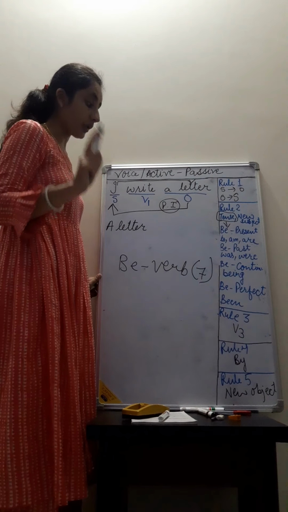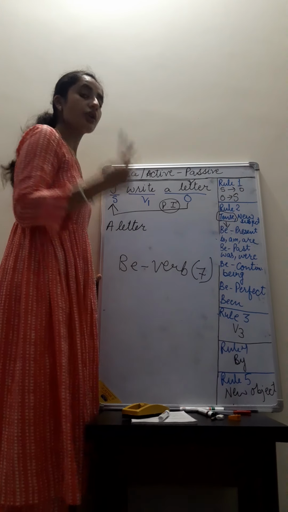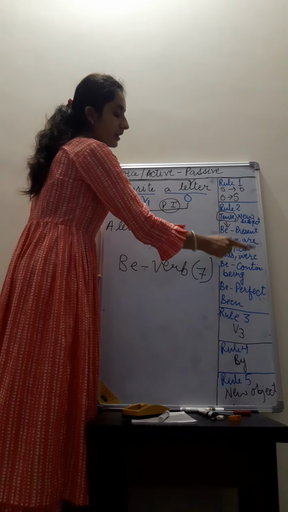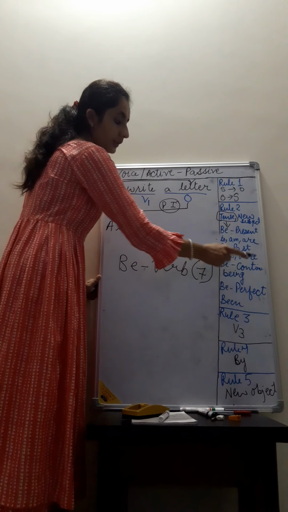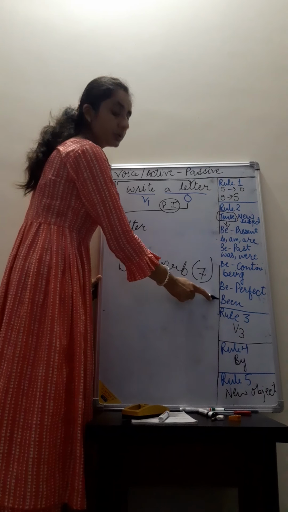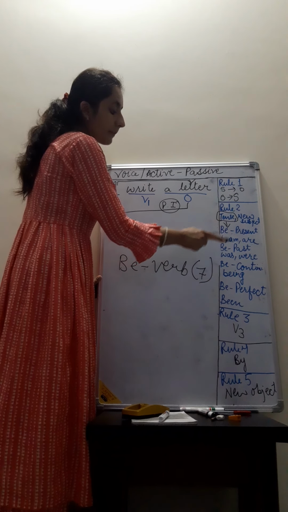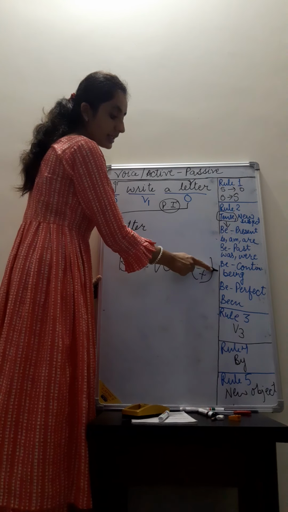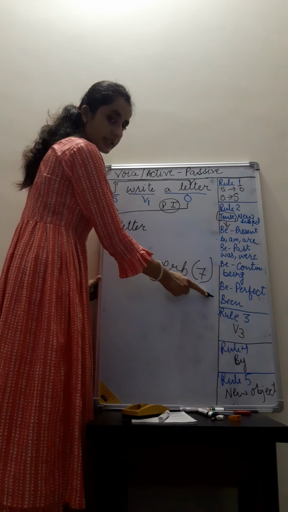In past, be has 2 forms, was, were. In continuous, we use being. In perfect, we use been. 3 plus 2, 5 plus 1, 6 plus 1, 7.